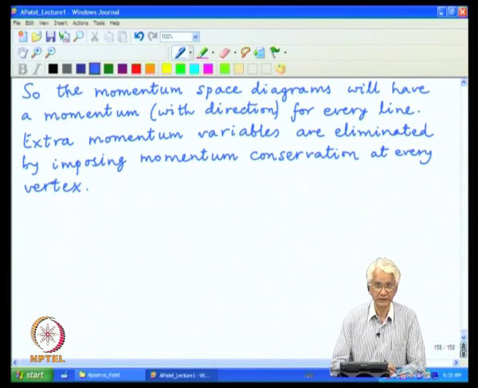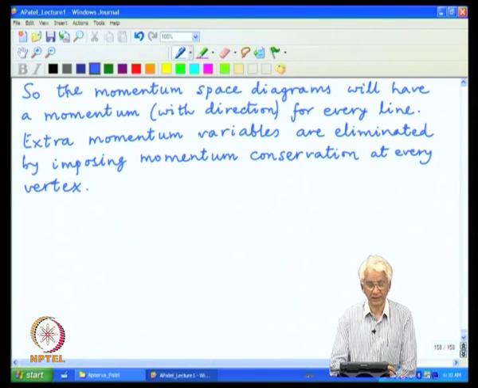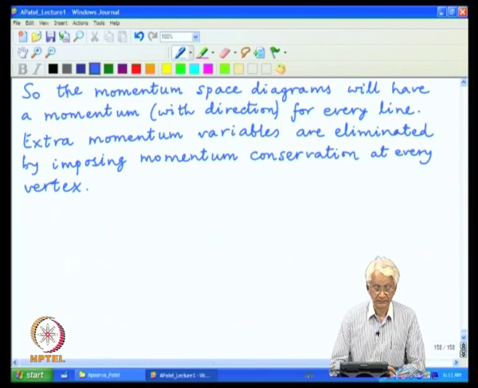Then we will impose all the constraints at every vertex that will keep on eliminating all the internal momenta one by one, and what happens is one gets the number of delta functions correspondingly equal to the number of vertices.